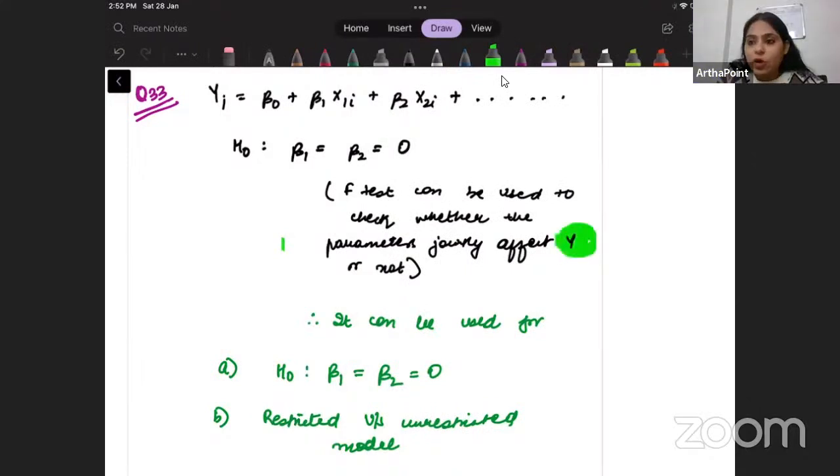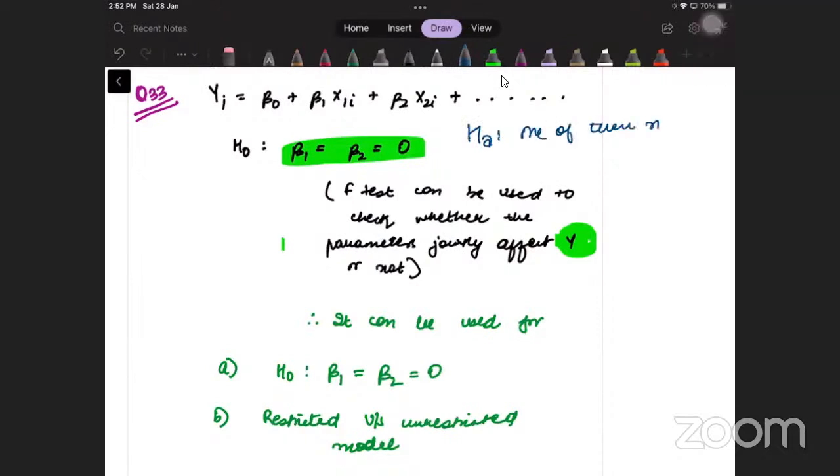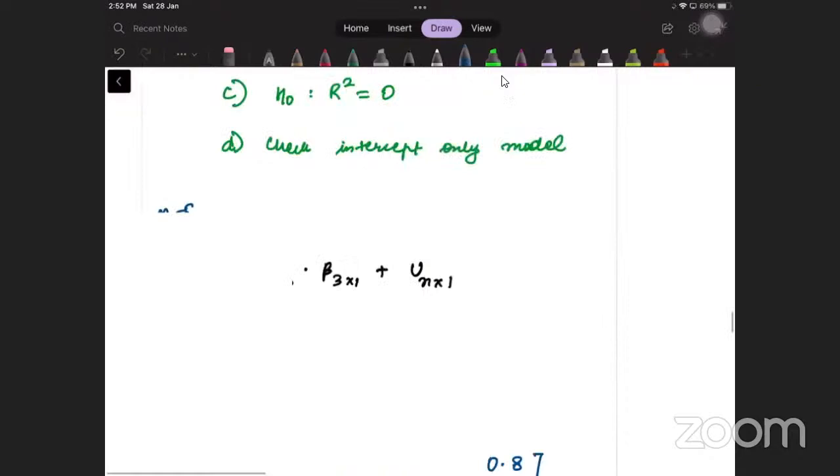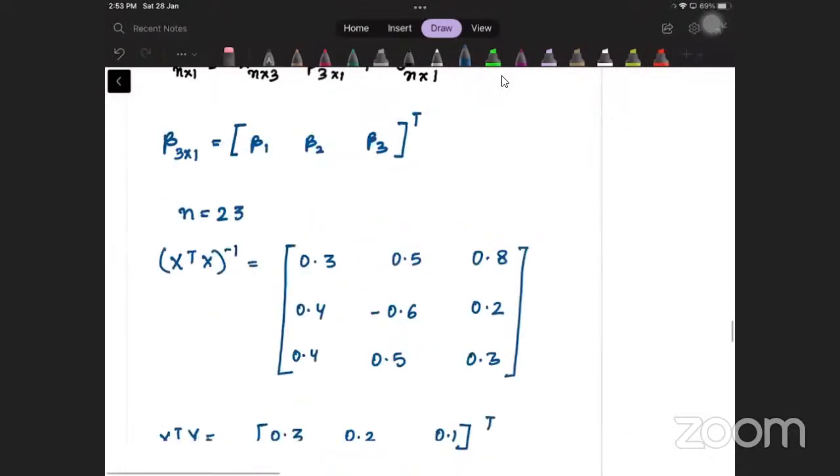So F-test is used to understand how Y is getting jointly affected by X's. And the null hypothesis in this case is beta 1 equal to beta 2 equal to 0. You are setting both equal to 0 together. An alternative is that one of them is not 0.